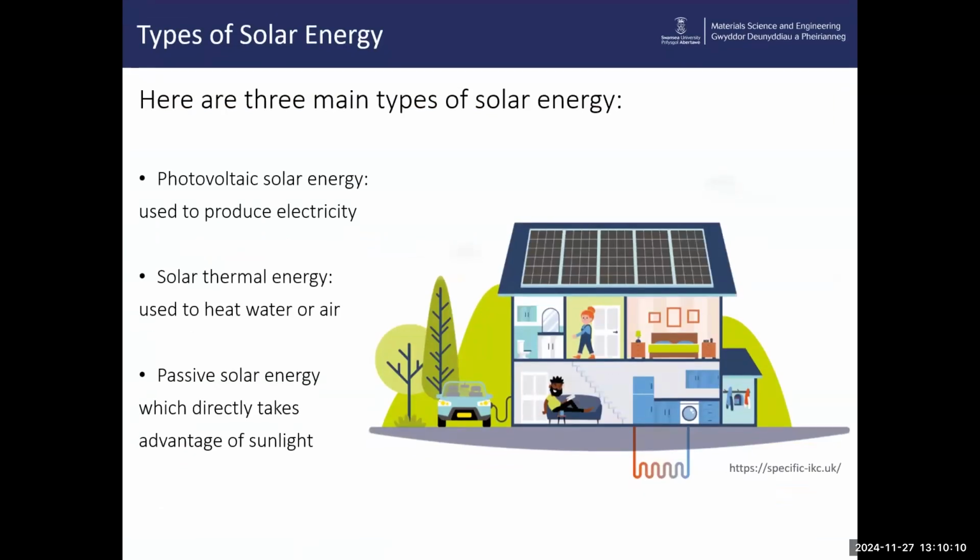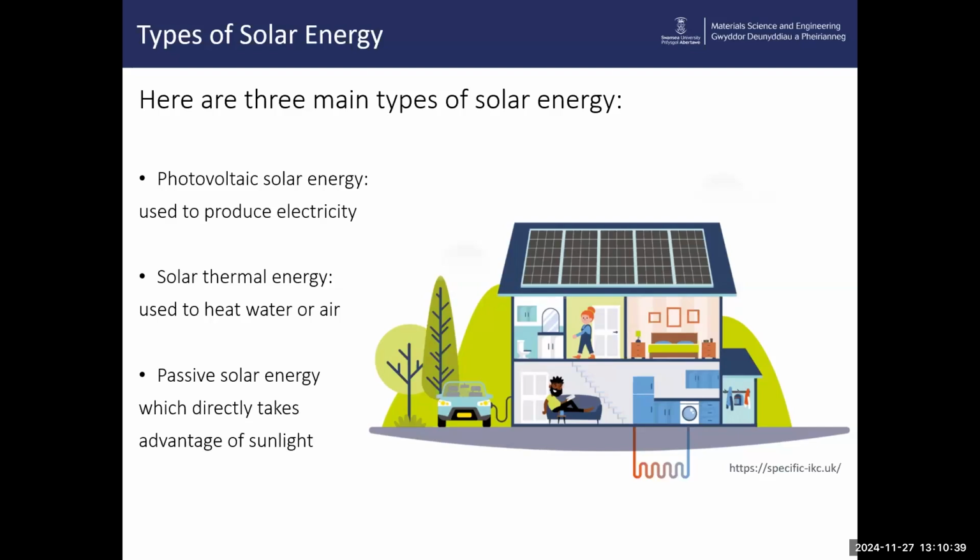There are three main types of solar energy. PV, photovoltaic solar energy, which is used to produce electricity directly from the sunlight. Next, we have solar thermal energy, which is a way of using the heat from the sun to heat water or air, and this can then be utilized in buildings.